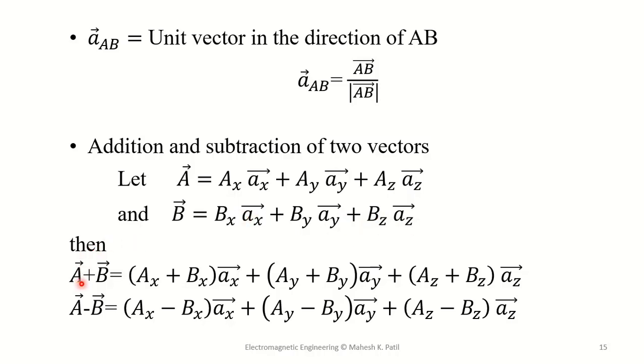If I want to write the addition of these two vectors, A bar plus B bar, it is equal to the corresponding addition of elements in X direction, plus in Y direction, plus in Z direction. So A bar plus B bar equals AX plus BX ax bar plus AY plus BY ay bar plus AZ plus BZ az bar.